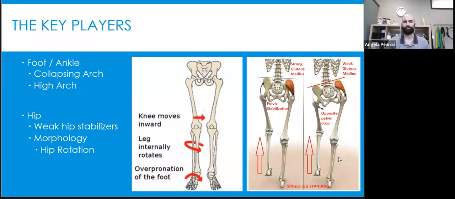If we're looking at the foot and its contributions to a painful knee and what might cause some strain on the knee, although again, it's not necessarily the knee's fault, that would be foot and ankle. If we look at this image on the left, we talk about a collapsing arch, which is also called overpronation of the foot.